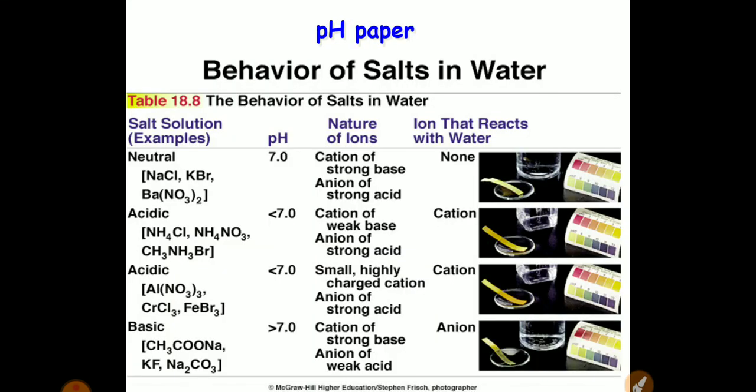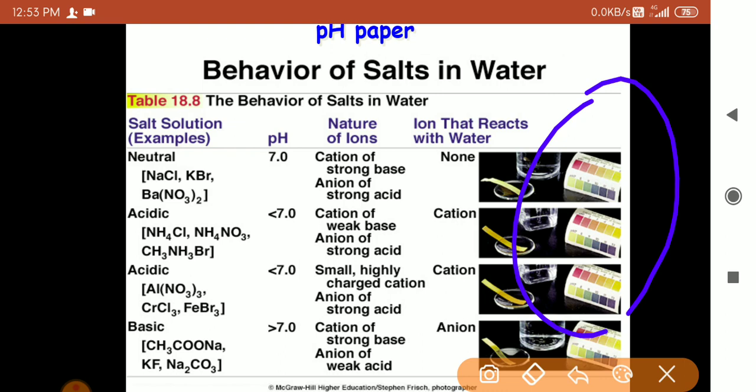Okay, now see pH paper. You can see the pH paper shown here. It is available in the form of a strip, and on that strip the colors are marked and the values are written. So let us discuss this table. The table comprises examples of salt solutions, then pH, nature of ions, and the ion that reacts with water.